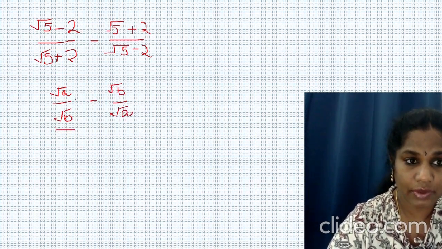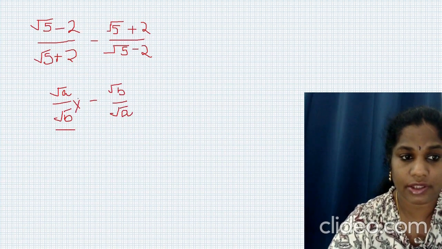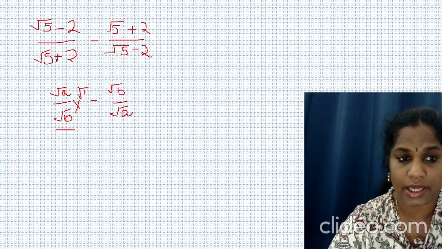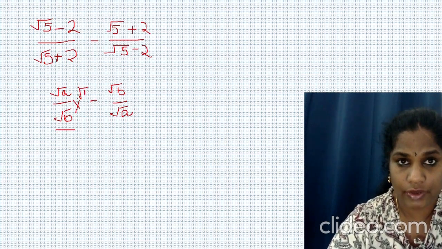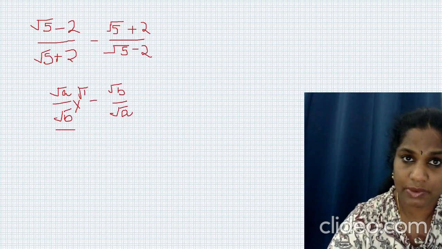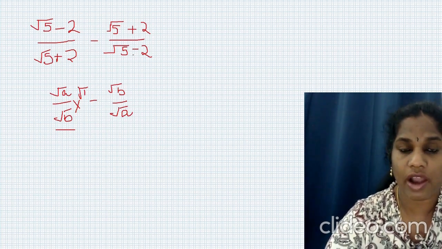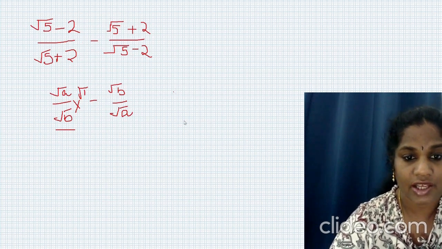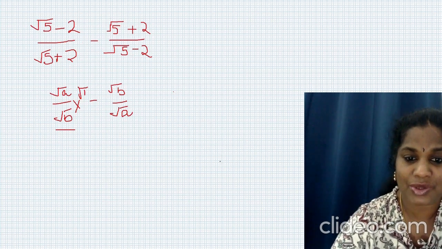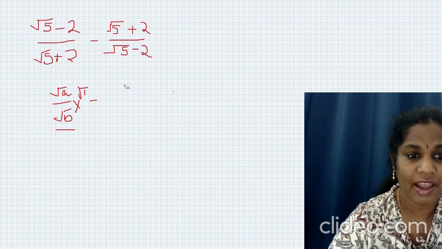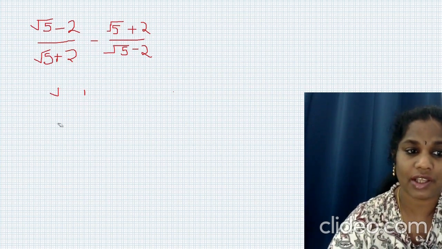So what I will be doing, I'll be multiplying here the numerator and denominator by under root B, and here I will be multiplying with under root A, isn't it? The same process you have to follow here and do it. So if you are going to do it yourself, please give a try. Meanwhile, let me do it here. Okay, and once you have finished, just come and check it.